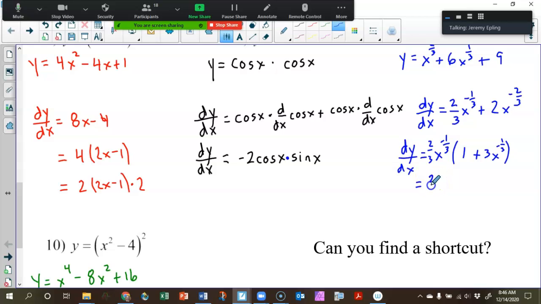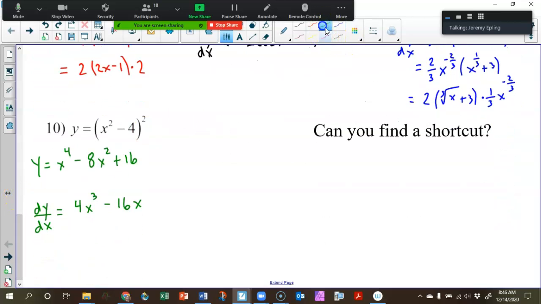So we'll pull out another x to the negative 1/3 here. 2/3 x to the negative 2/3 times x to the 1/3 plus 3. Well, let's write that as a cube root. So 2 times the cube root of x plus 3, times 1/3. 2 times a third gives us 2/3, x to the negative 2/3.